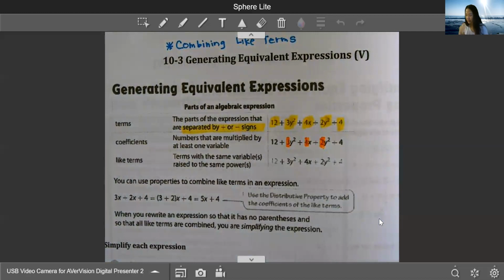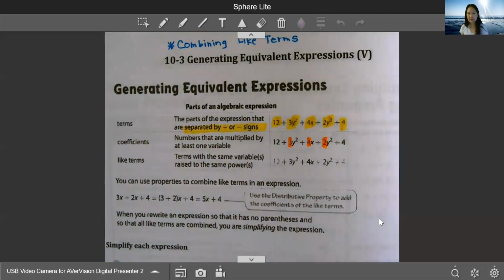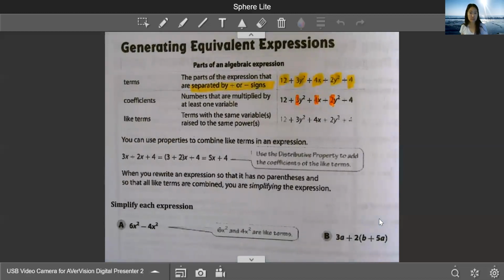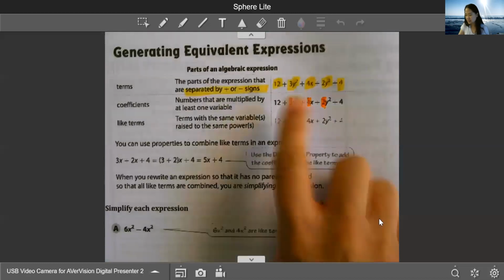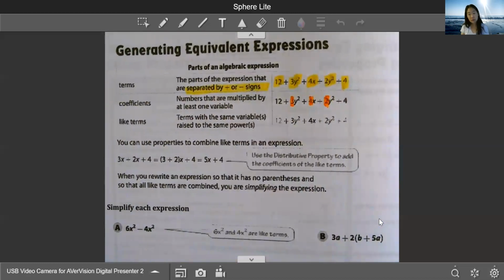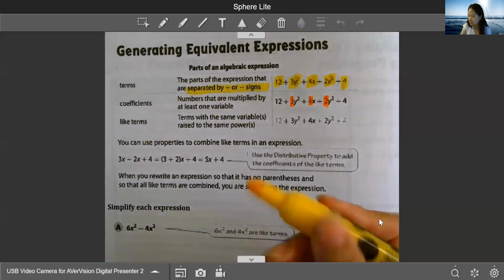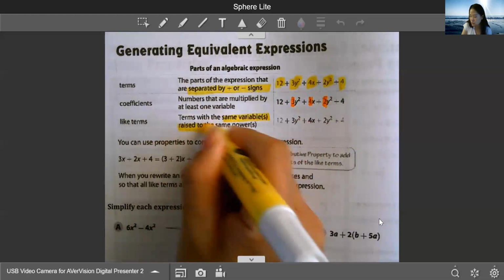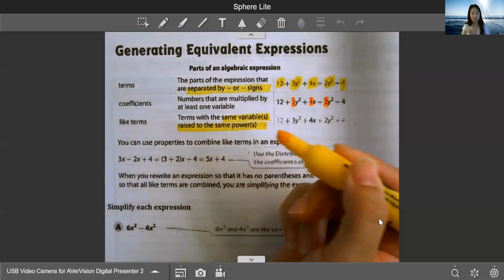Now I'm going to talk about the most important definition for the lesson today, which is like terms. Okay, so I said these are terms. Now, like terms are terms with the same variable, but also that are raised to the same power.